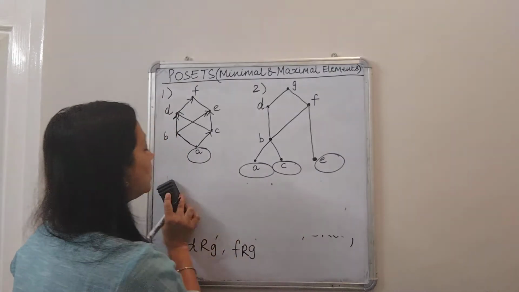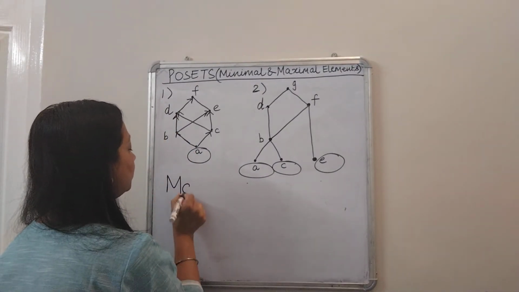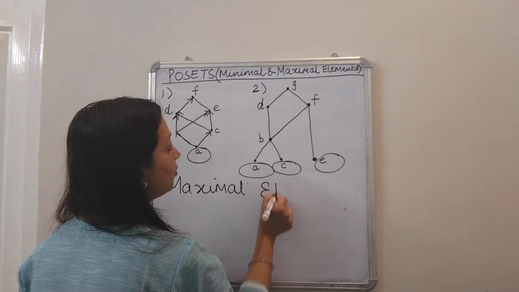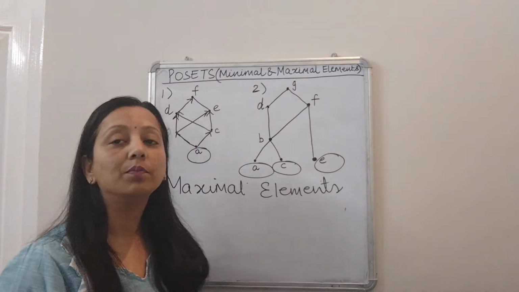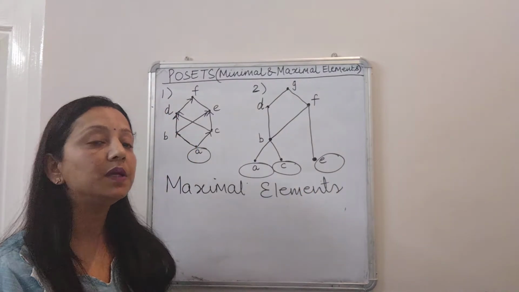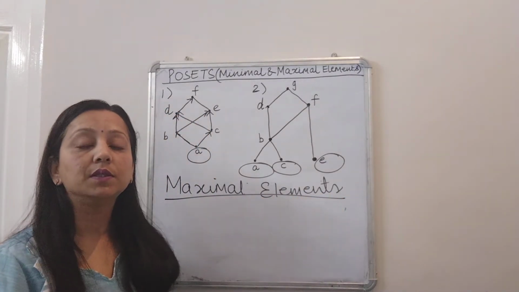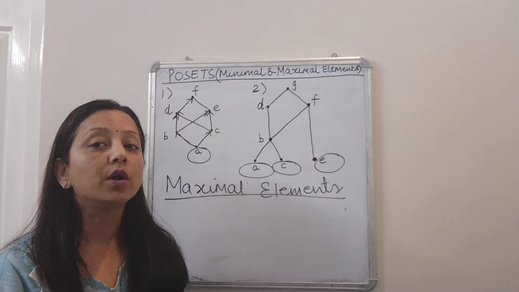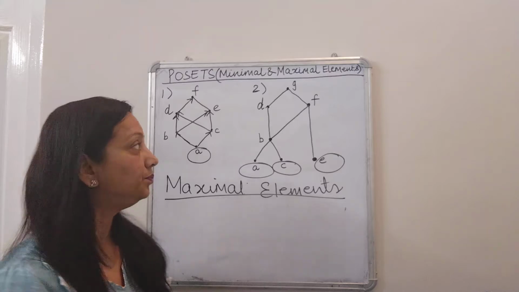Now we will see what maximal elements are. Again, we will not go into any complicated definitions. In simple language, I can say that my maximal elements are those elements which are not related to any other element, right?